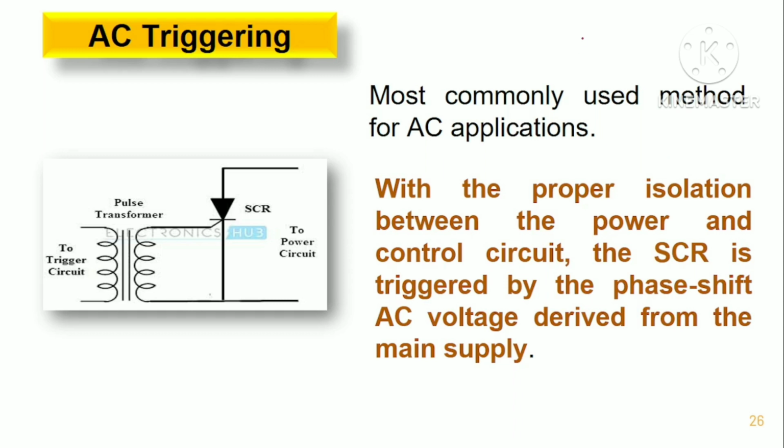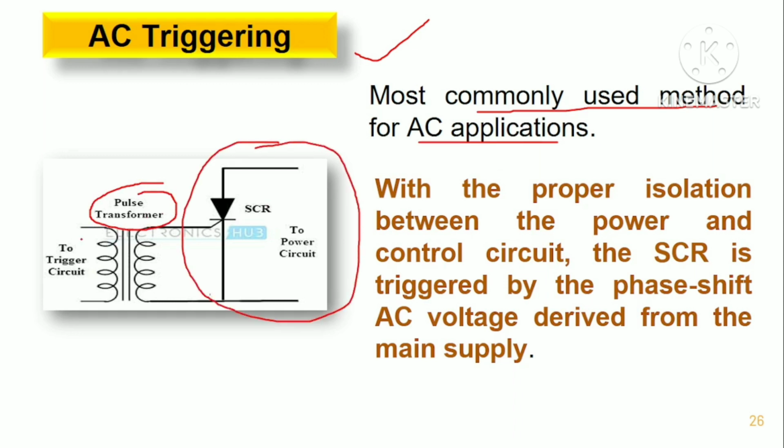The next method is called the AC triggering method. It is most commonly used in AC applications. By using an isolation transformer, the main circuit and the trigger circuit are isolated. This is the main circuit, and on the left side we have the trigger circuit. Those circuits are isolated using a pulse transformer.